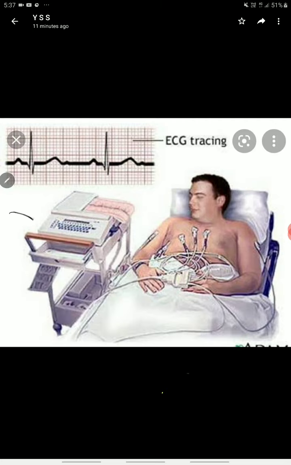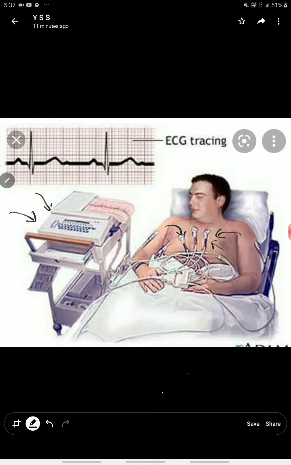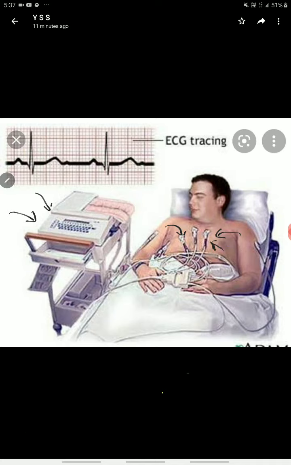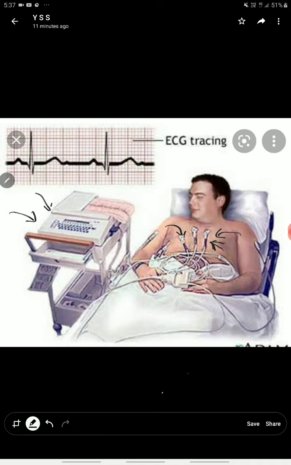this electrocardiograph, the machine, is connected through the electrical leads. So when you want to make a detailed analysis of the electrical activity of the heart, you will connect the leads of this, these electrical leads of the electrocardiograph, to the different parts of the chest.